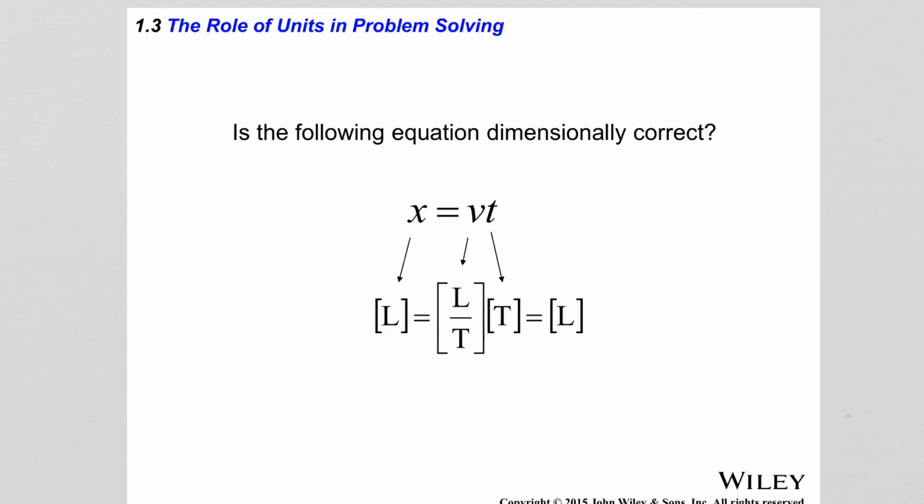Both dimensions are correct, so therefore this relationship here accurately describes the relation between distance, speed, and time. And so this sort of illustrates the importance of dimensional analysis for working with problems. You want your result to be in the proper dimensions so that you know that the problem is solved correctly.